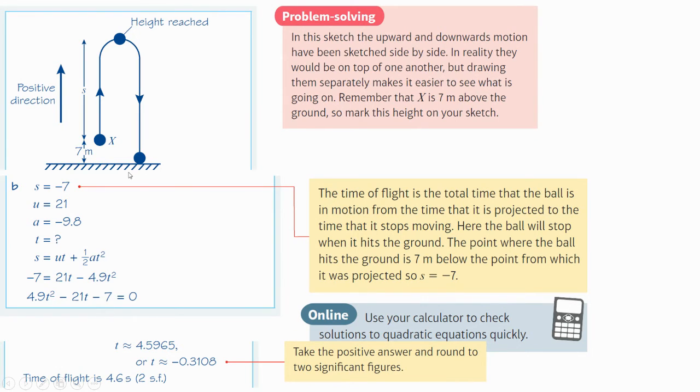So what you'd have to do for that situation is, from X to the top, we know that S is going to be 22.5, U is going to be 21, and we've got our gravity. If you use this formula, you would get a positive value for T.